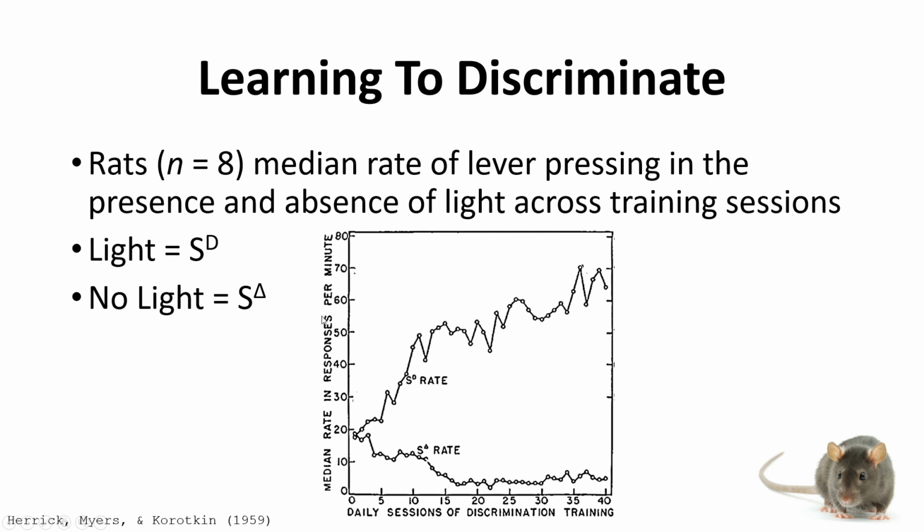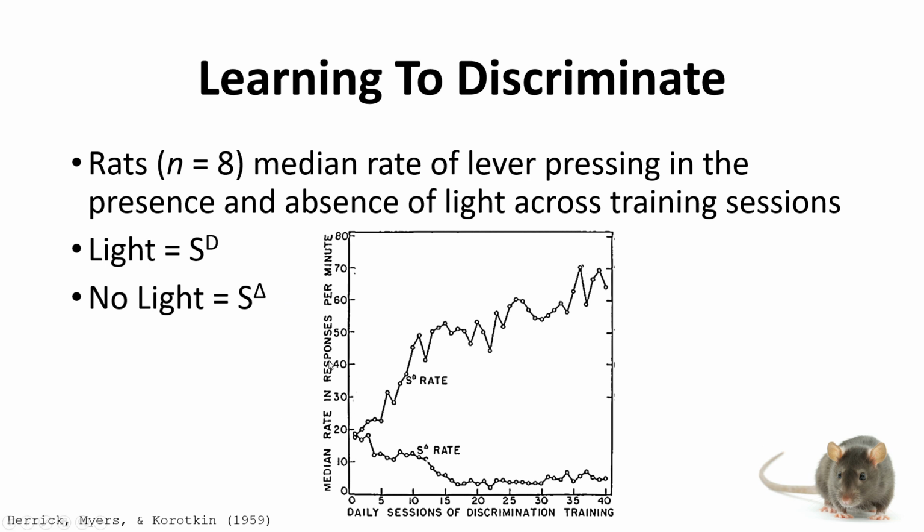And so the rats' lights, instead of being red and green, are just on or off. And so in this setup, our SD is that the light is on. And when the light is on, if the rats press a lever, then they get food. If the light is off, that is an S delta, and pressing the lever doesn't get them food.